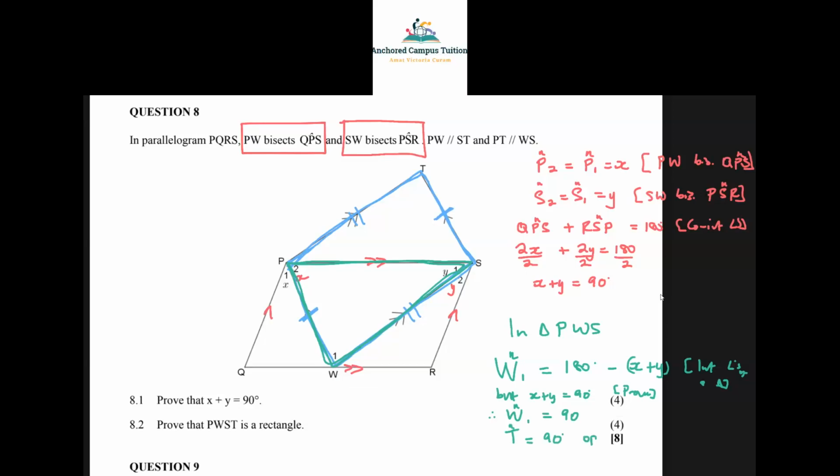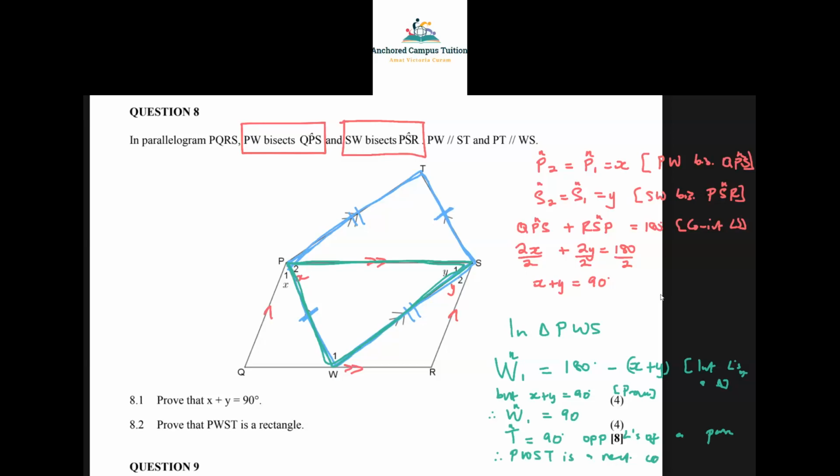Opposite angles of a parallelogram. Therefore, remember, it's already a parallelogram, so opposite sides are equal, that is standard. Therefore, we can conclude that indeed PWST is a rectangle.